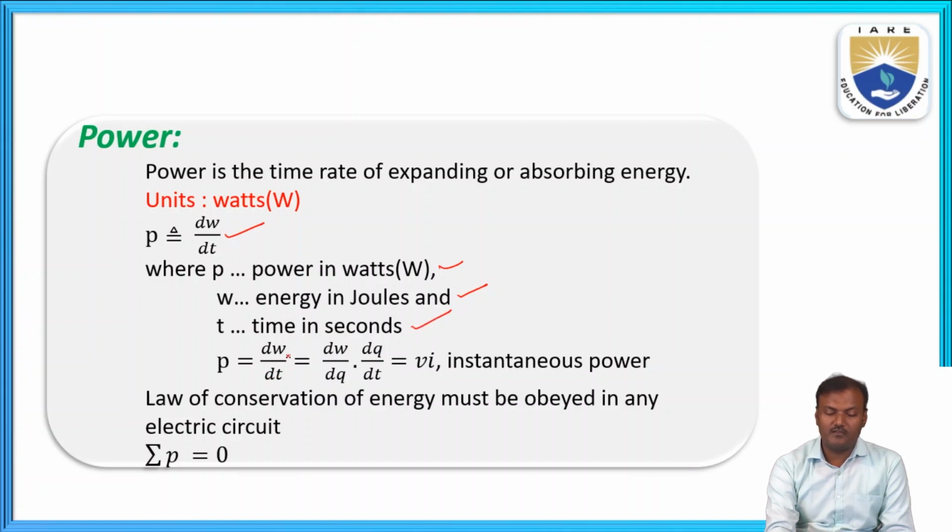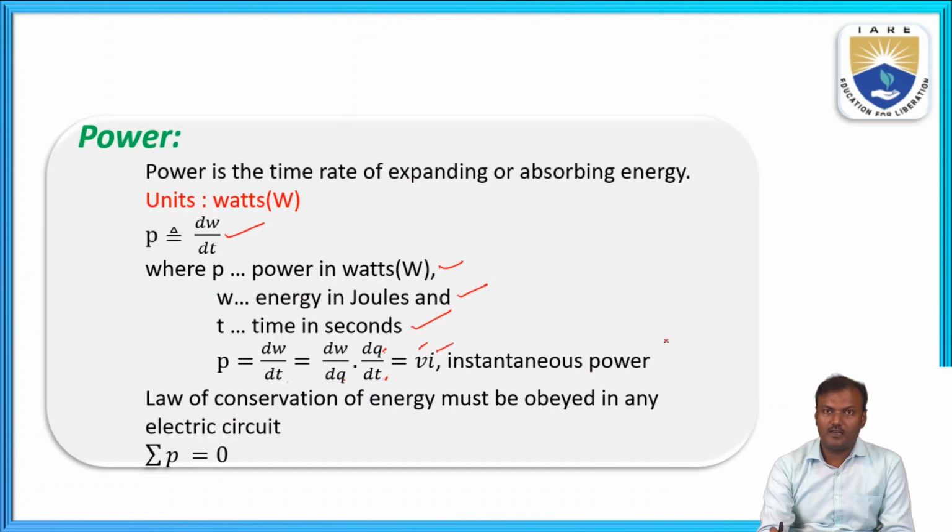Power can be written as dW by dt, and this can be further expanded as dW by dq times dq by dt. dW by dq is the work done in moving a charge from one point to another, represented as voltage, that is, a potential difference, and dq by dt is the rate of change of charge, which is I.